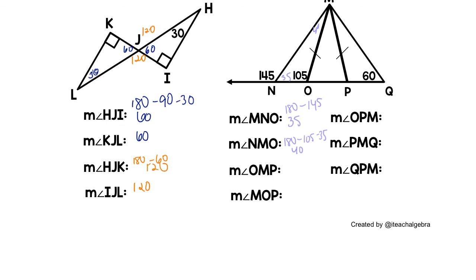Let's look at angle MOP. It's going to be 180 minus 105 because those are supplementary angles, so that's 75. Since this is an isosceles triangle, angle OPM is also 75. Angle OMP is 180 minus 75 minus 75, which is 30.